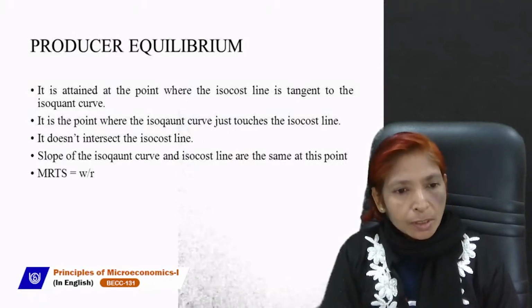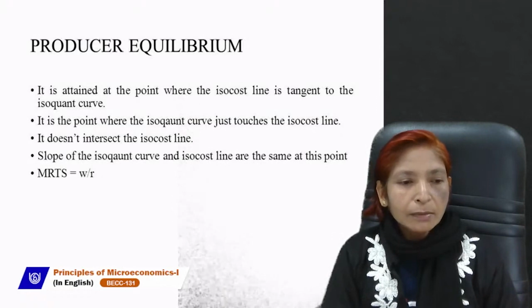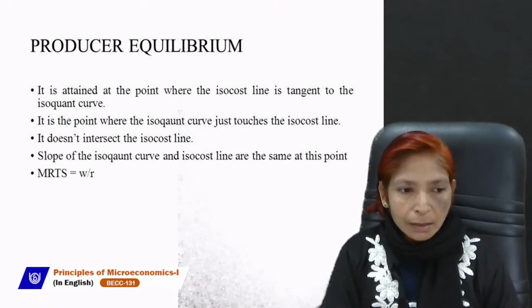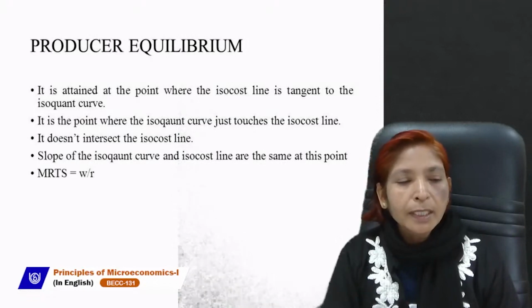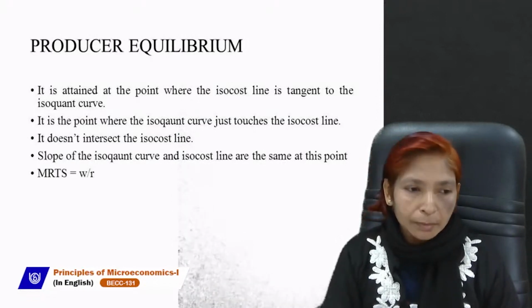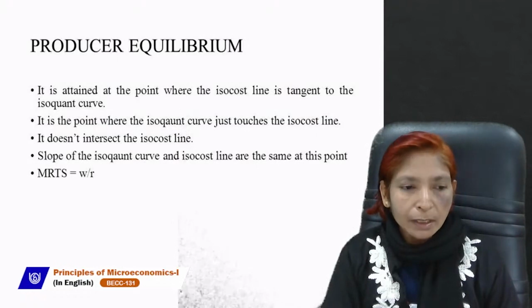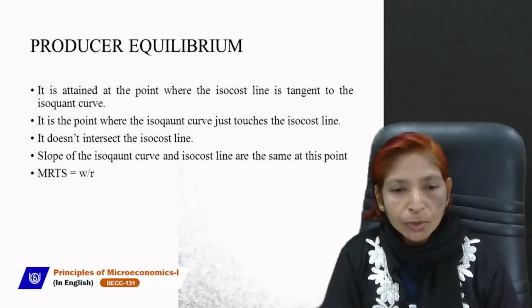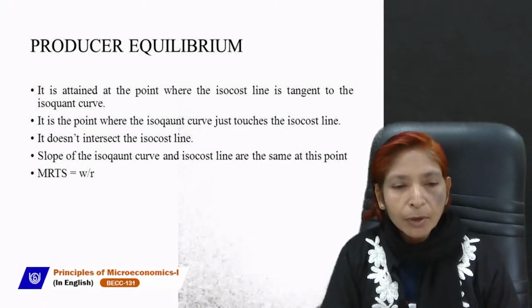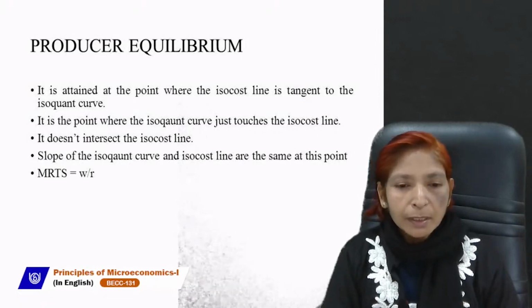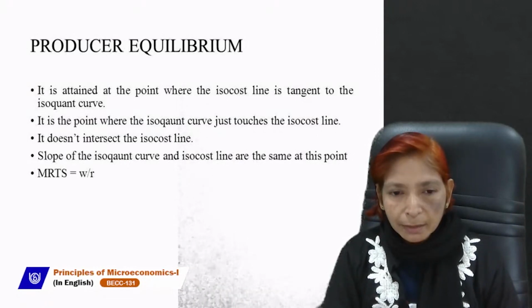We can show the slope of the isoquant curve by MRTS. This MRTS is the marginal rate of technical substitution, which is always diminishing. That's why the curve is convex to the origin. And the iso cost line slope depends upon the price of labor and the price of capital.